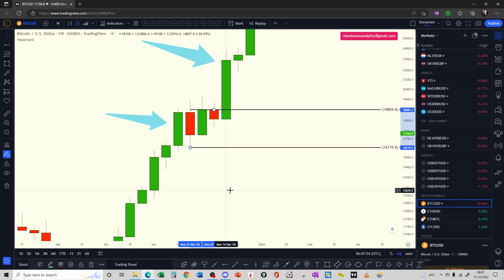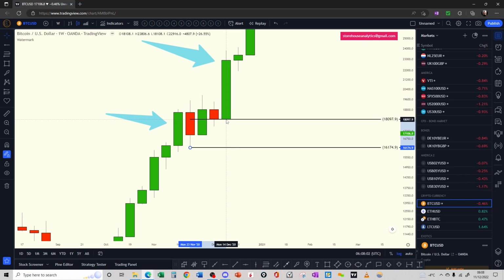The final way that some supply and demand traders do this is by putting the proximal line at the origin of the rally out, the opening price, basically, of the rally out. Now, as with trading, as I mentioned in the first video, there are pros and cons to everything we do. There are always trade-offs.